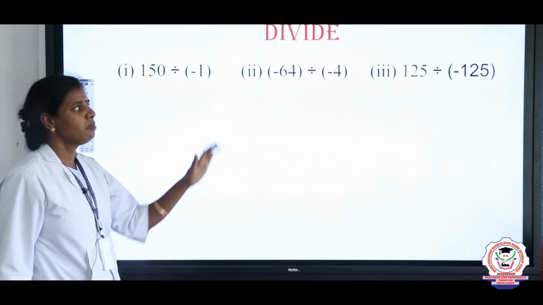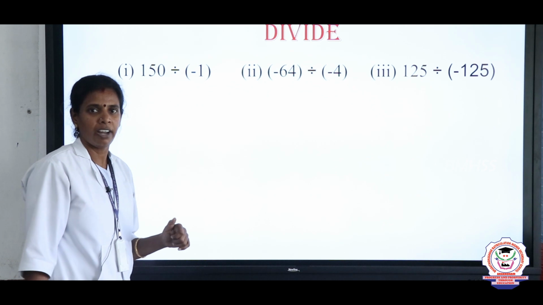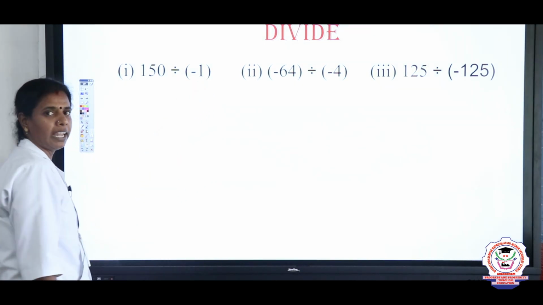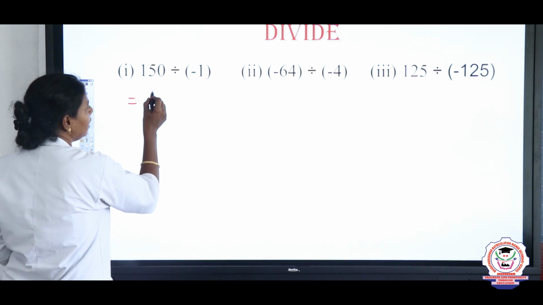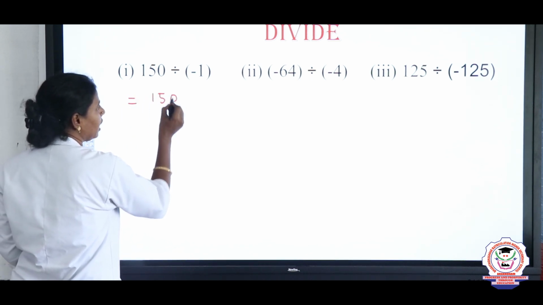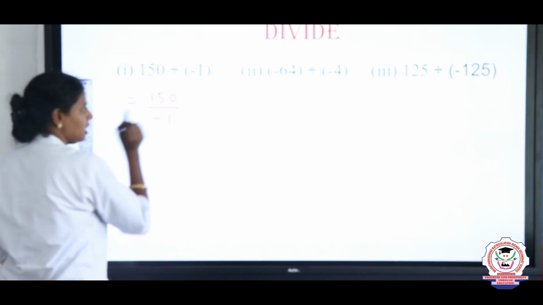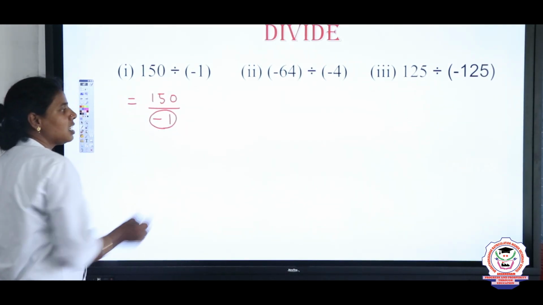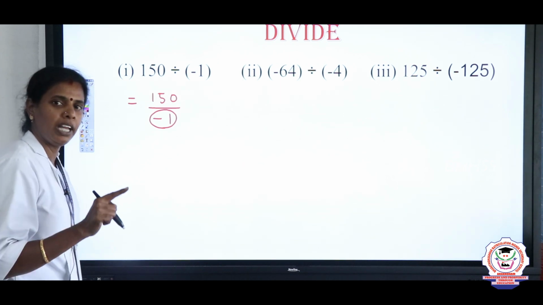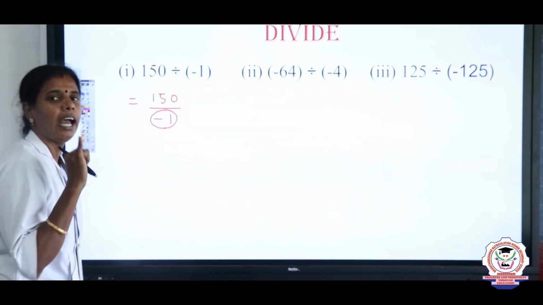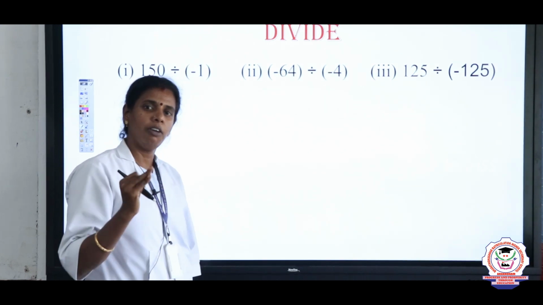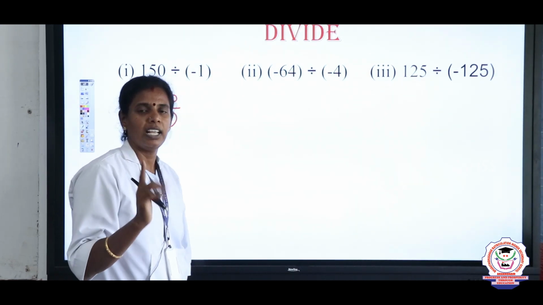The exercise problems are, first, the simple exercise problems which we are going to write for 1 mark. The first problem is 150 divided by minus 1. So how will we write it in division? That is 150 divided by minus 1, right? Here the denominator is negative. See, in standard form the denominator should be positive, and the common factor of numerator and denominator should be 1.